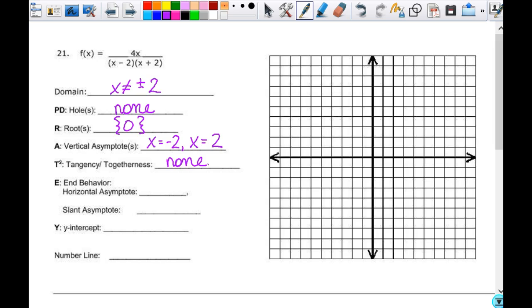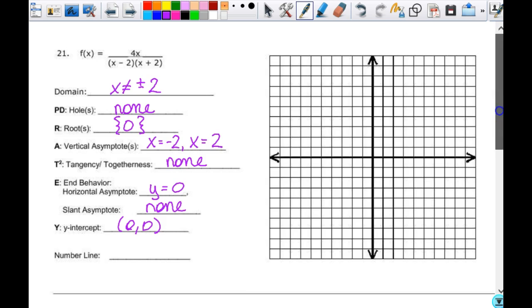Horizontal asymptote, well, it's bottom heavy, even though it's not multiplied together. I know that has a degree of 2 in the denominator, so since it's bottom heavy, it is y equals 0, which means I do not have a slant asymptote. My y-intercept, well, if I have a root that's 0, my y-intercept is (0, 0), because when I plug in 0 for that x, it just takes care of it.